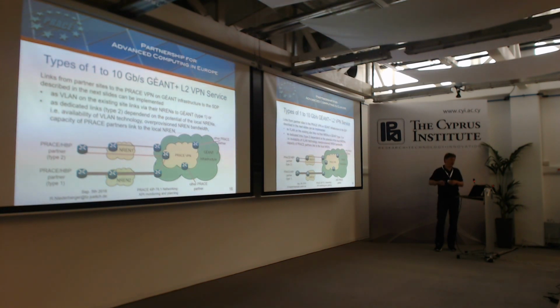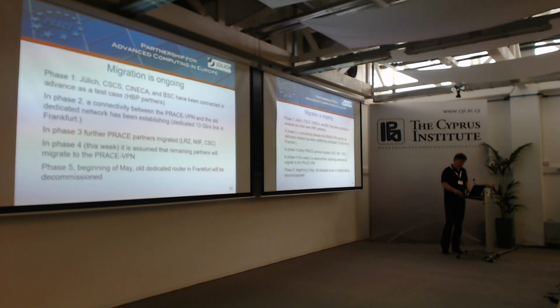I hope a lot of them do it this week. And if they don't do it by next week, they don't have connectivity. But as I say, that's not really a problem. They can do the local things until they get connected. Migrating is ongoing. Phase 1: Jülich, CSCS, CINECA, and BSC have been connected in advance as a test case.